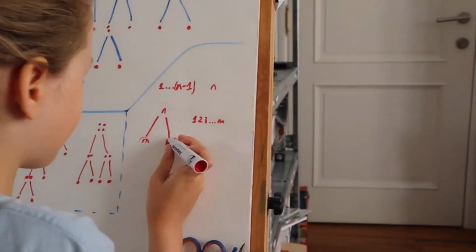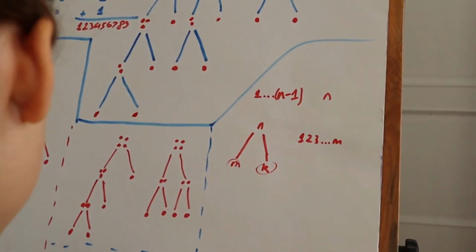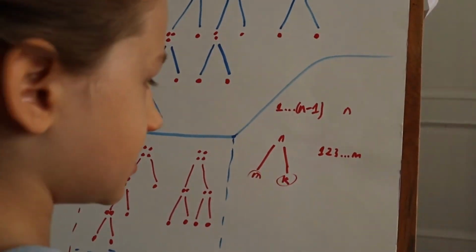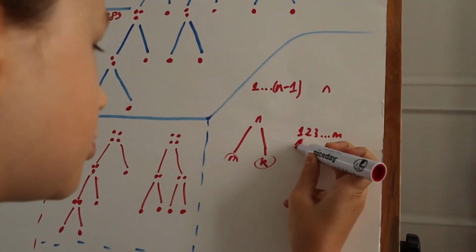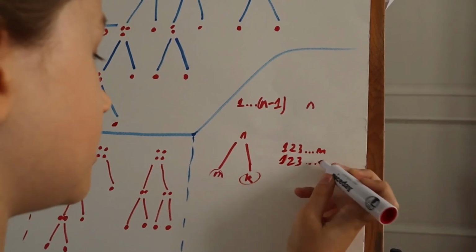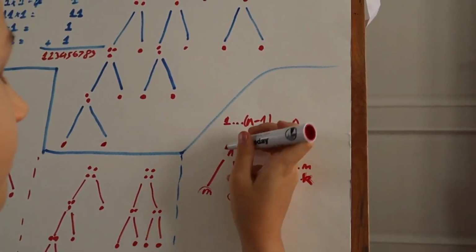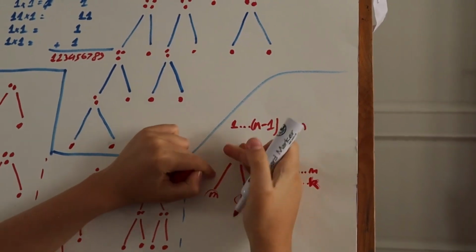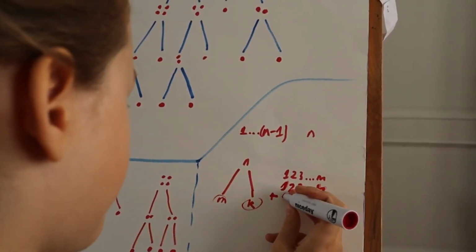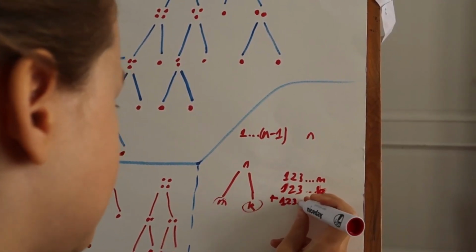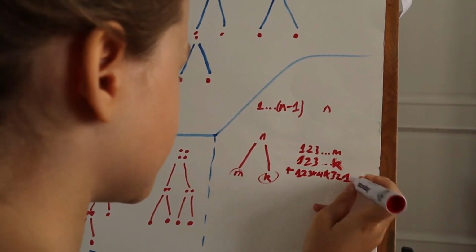Okay, so we're going to do the same thing for k. So k, we're going to split up again, and that's going to contribute 1, 2, 3, and so on, up to k. And finally, the final bit that we're going to add in is the part that has to do with this split. So that's 1, 2, 3, 4, 3, 2, 1, or something like that.